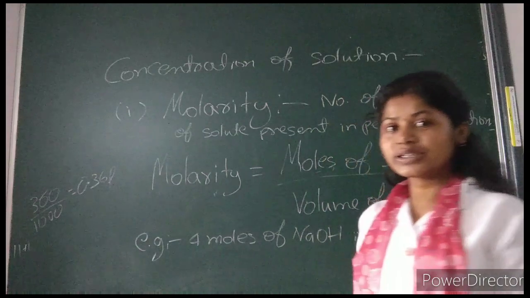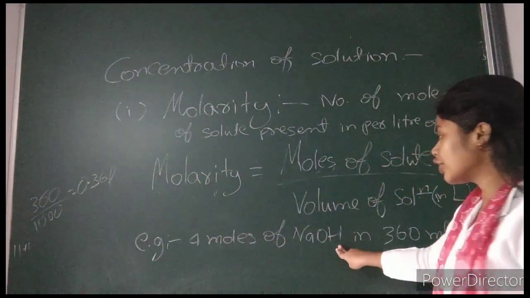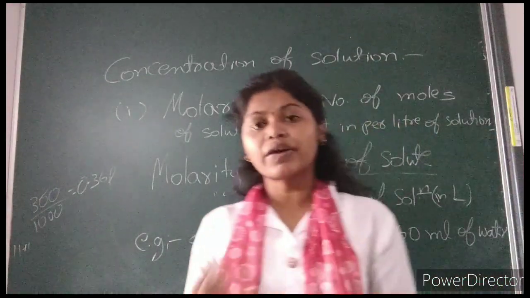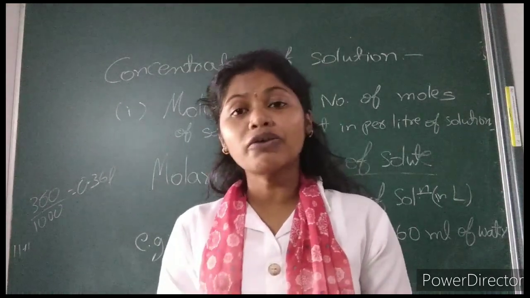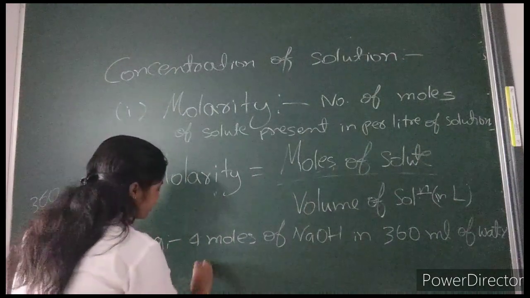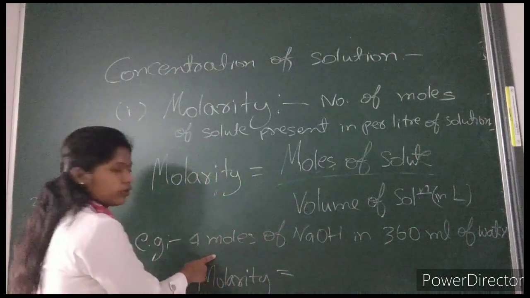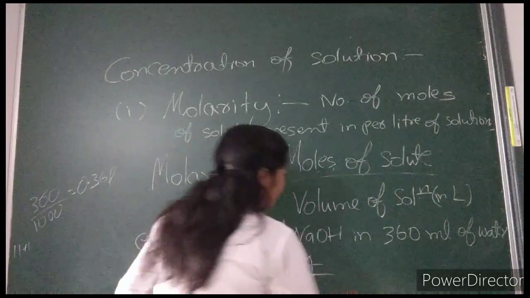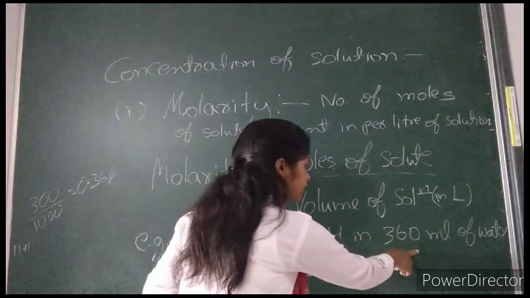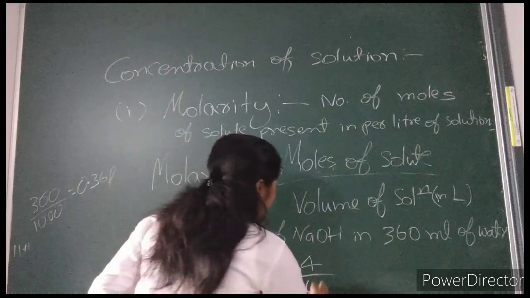Now suppose we have given one example: 4 moles of sodium hydroxide in 360 milliliter of water. Now we have to find out the strength of the solution. So how do we find it? Through the molarity only. The molarity formula is number of moles of solute, given as 4, divided by volume of solution in liter. 360 is written in milliliter, so if we convert into liter, it will be 0.36.